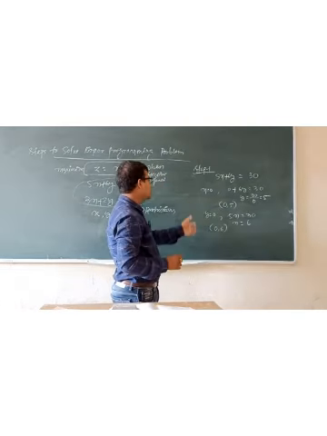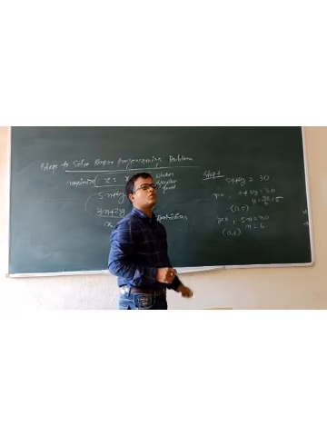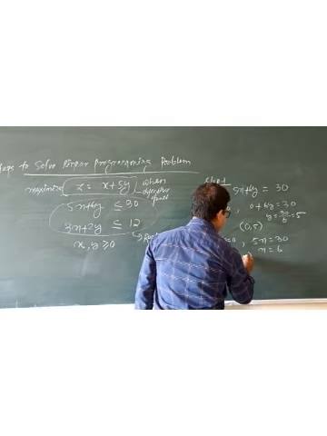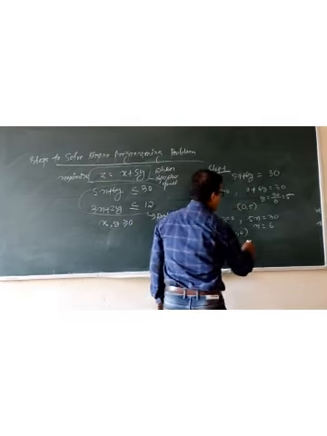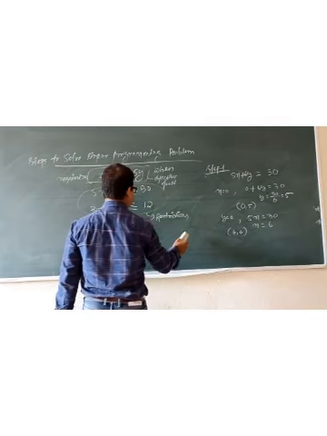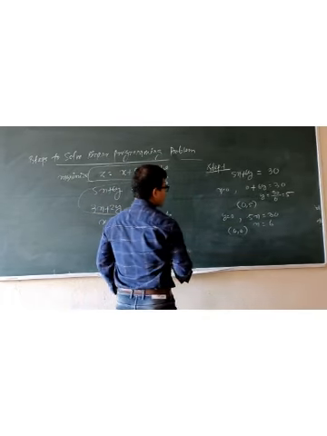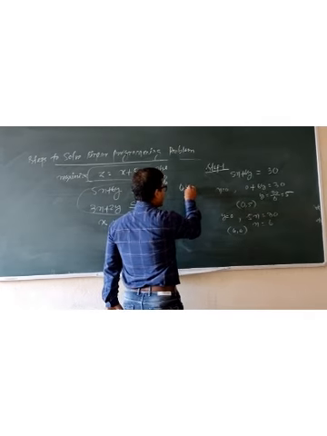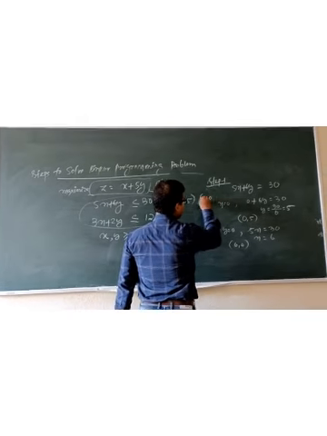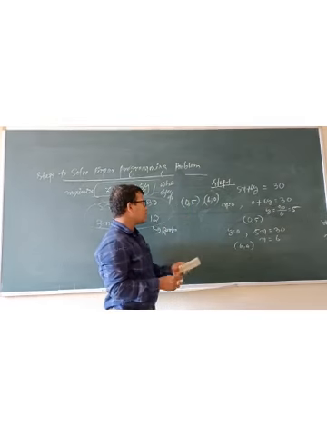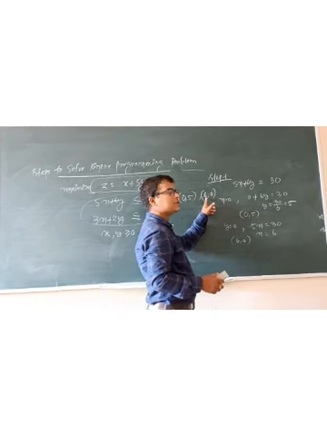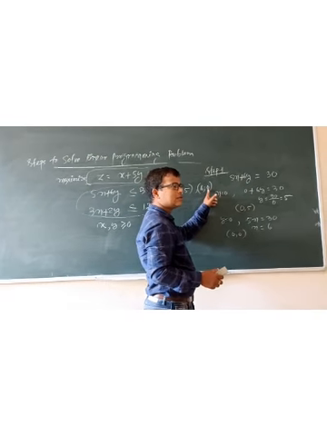So from this inequality, or restriction, we find two coordinates: the first coordinate is 0, 5, and the second coordinate is 6, 0. That means here x value is 0 and y value is 5, and here x value is 6 and y value is 0.